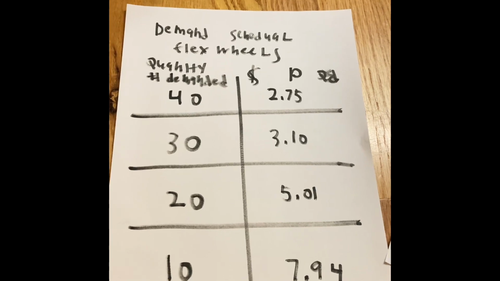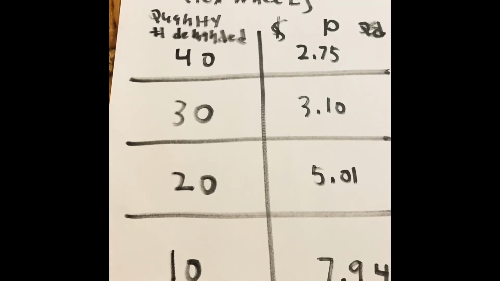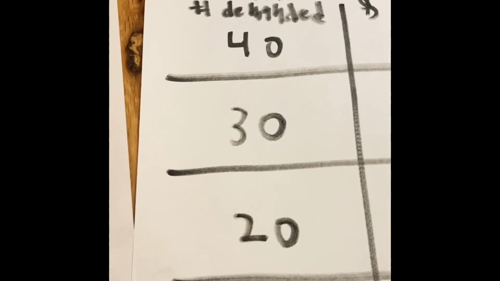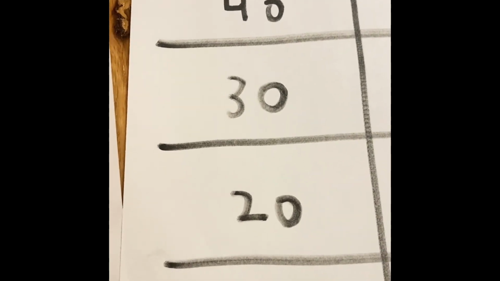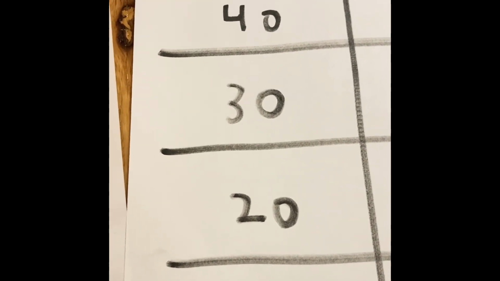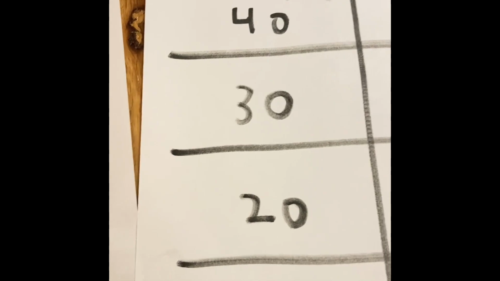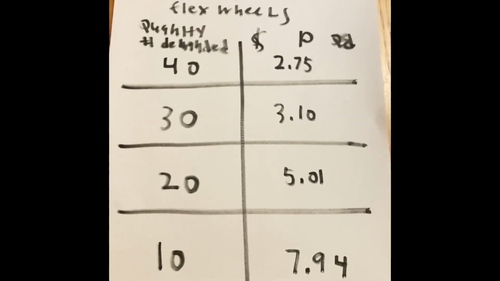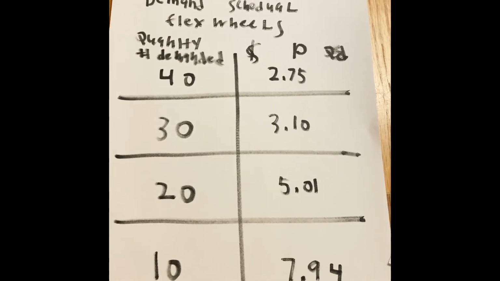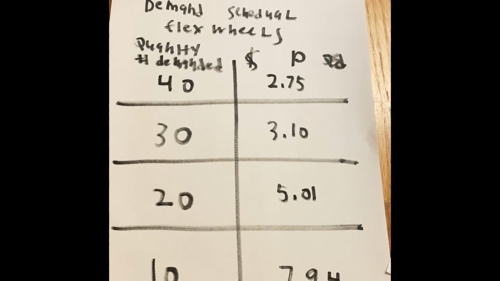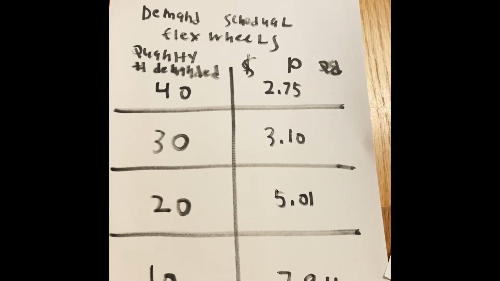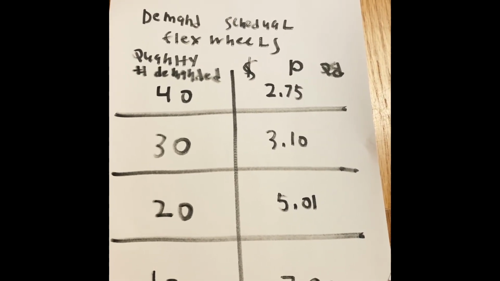The quantity demanded is how much people are going to want. It's a ratio of how many people are going to buy versus what they pay for that quantity.